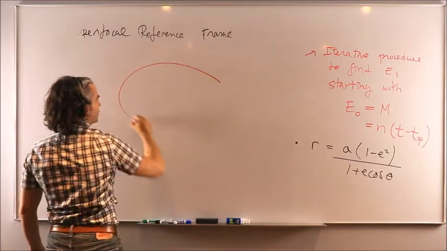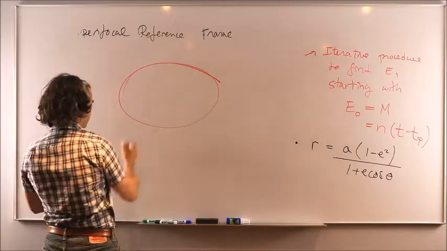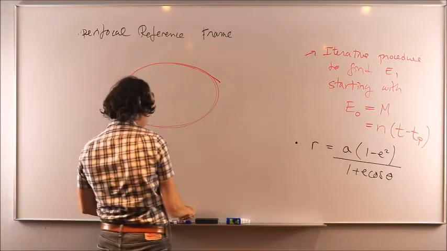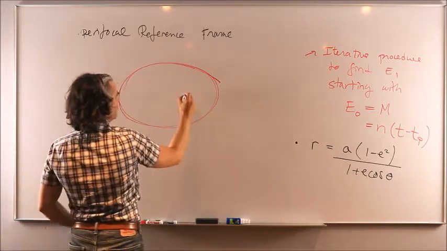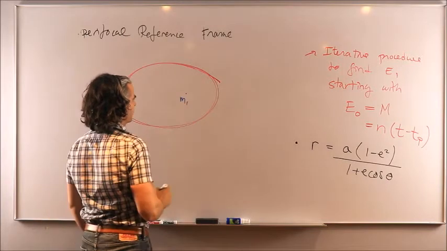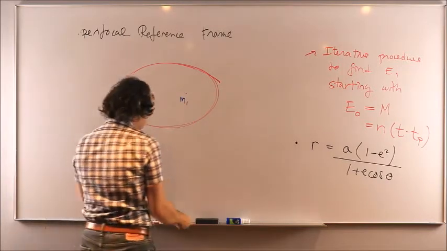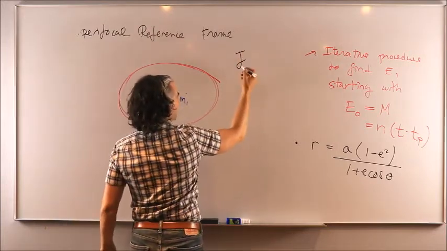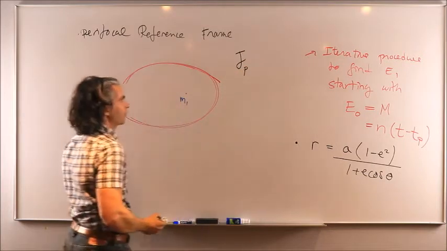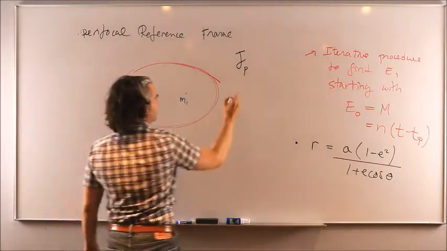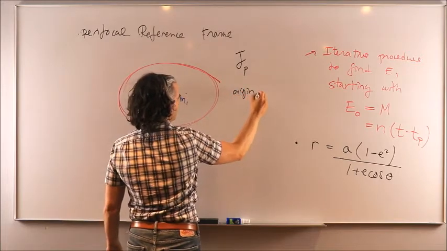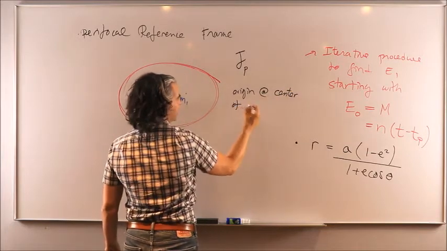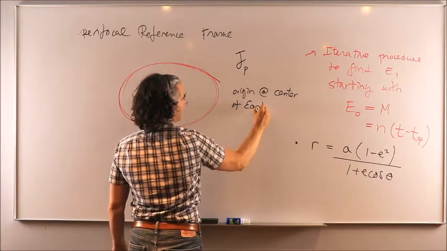So this is an elliptical orbit, with M1, the Earth. Well, the perifocal reference frame, which is referred to as calligraphic capital F subscript P for perifocal, has its origin at the center of the Earth, just like ECI, if you remember.